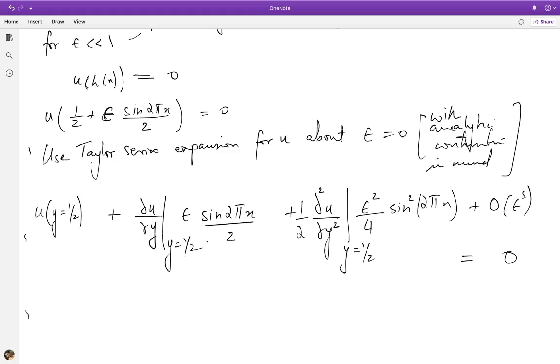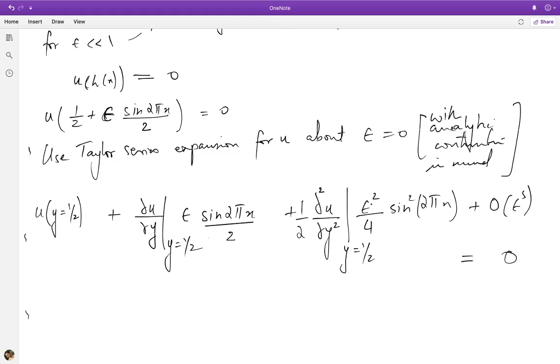So what we have now is we have started with the no-slip condition, we've used the Taylor series, and we've now obtained an equation which is a condition on the field u, but everywhere evaluated at y equal to half, which has the form of a power series expansion in epsilon.